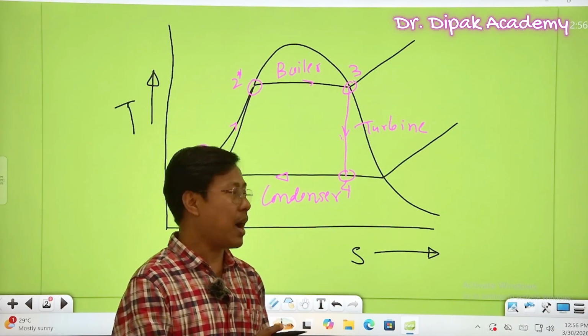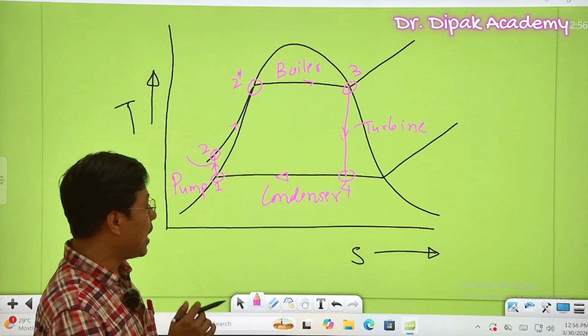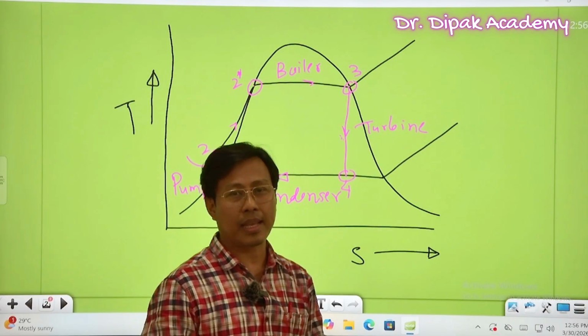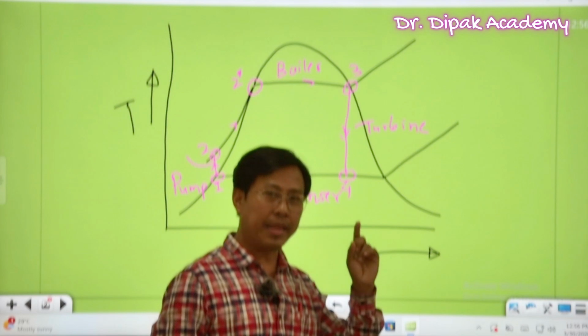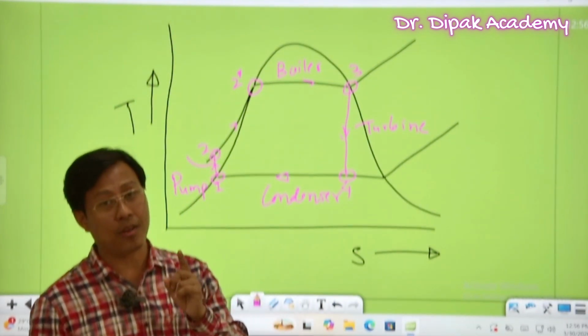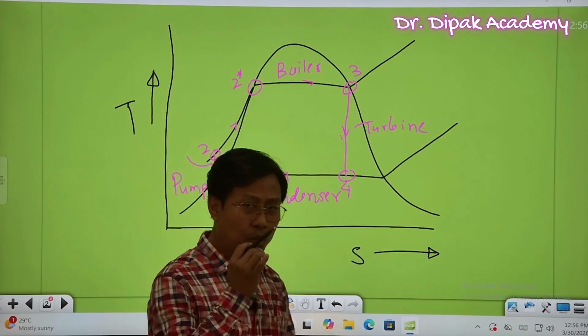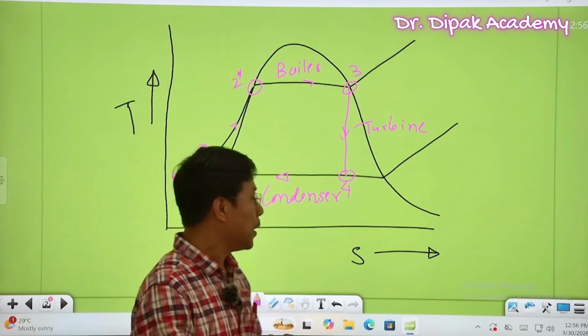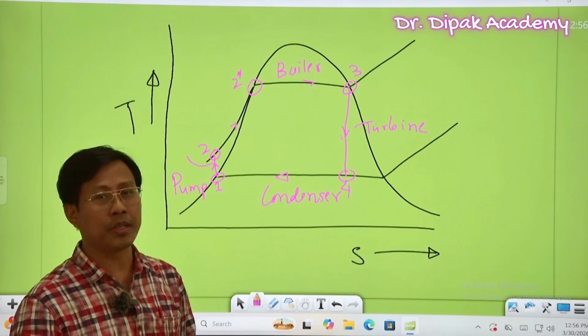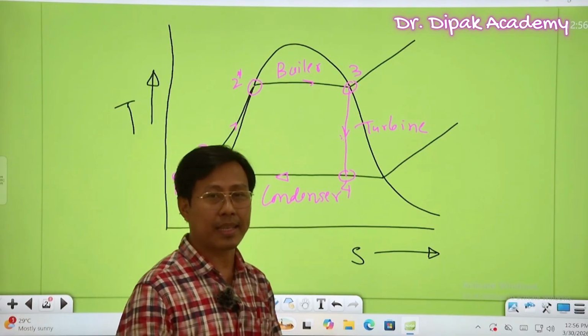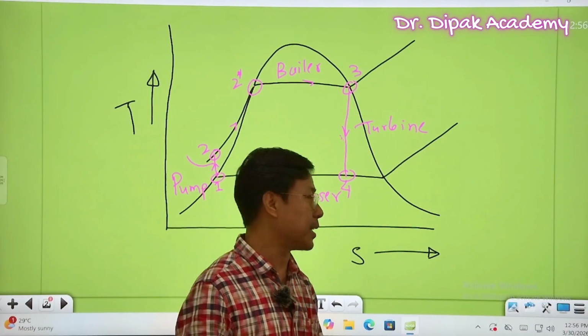Now we can learn more about the Rankine cycle when we compare it with the Carnot vapor cycle. So let us draw the Carnot cycle so that we can have a comparison between the Rankine cycle and the Carnot cycle.